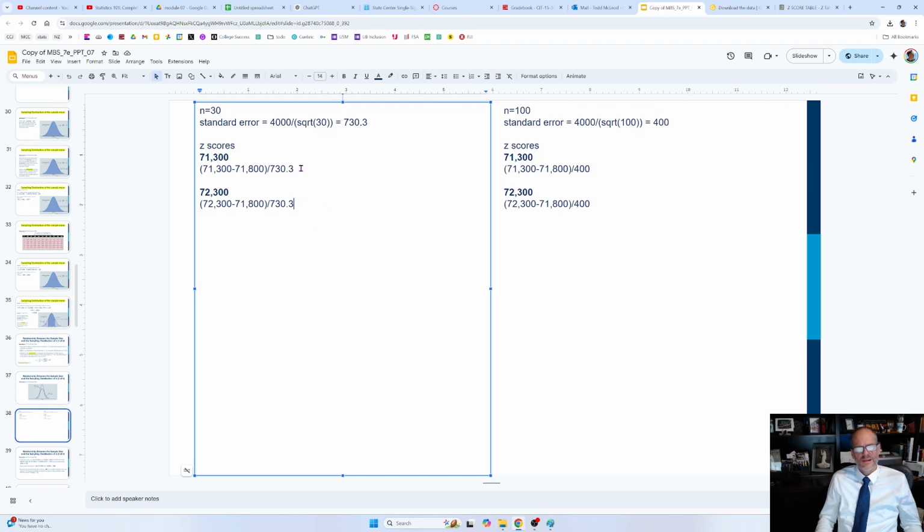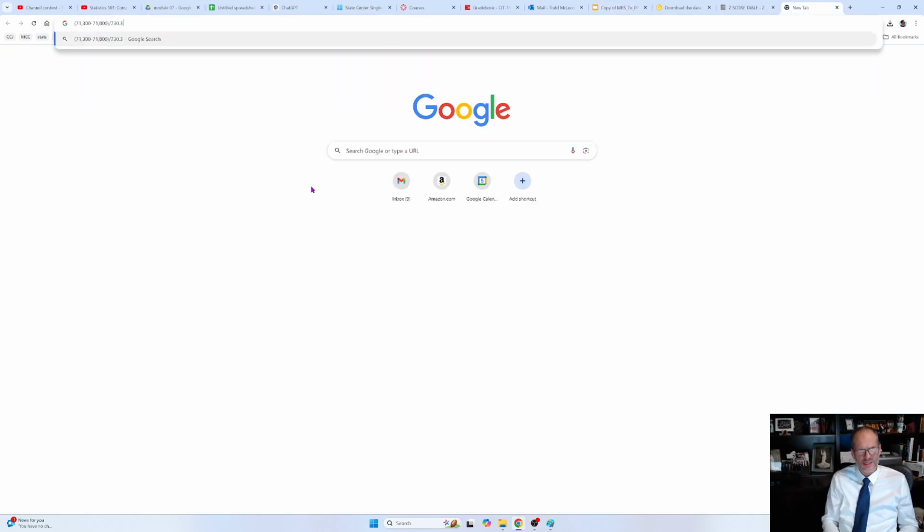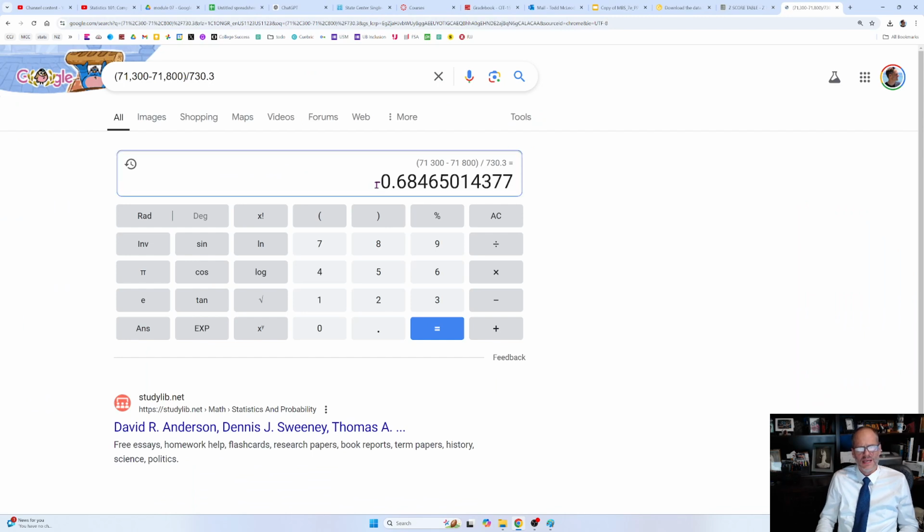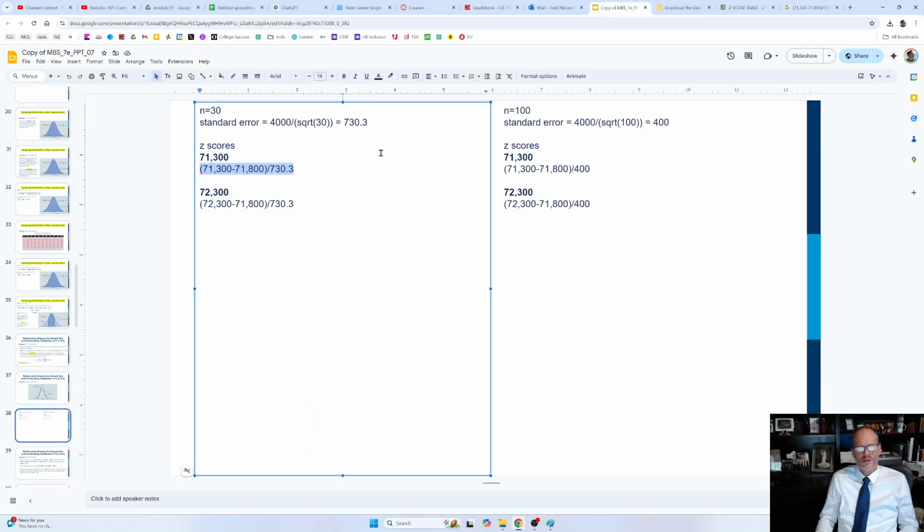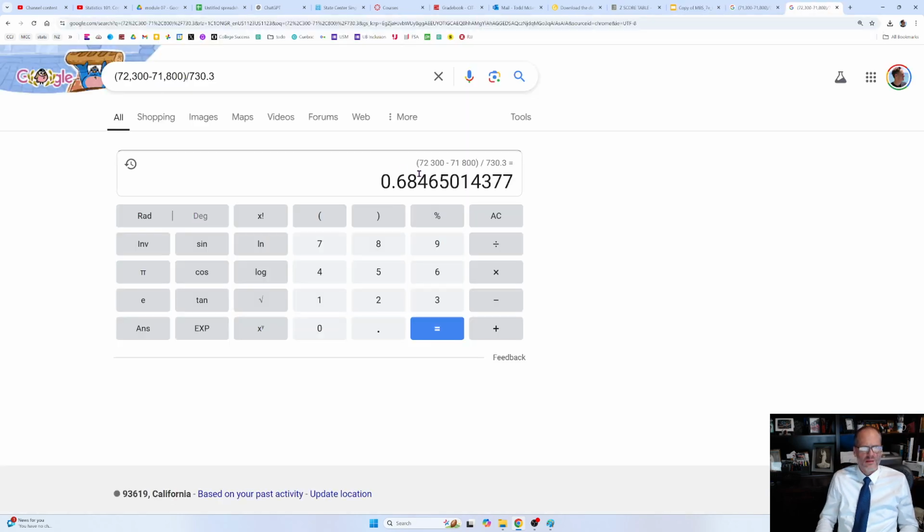When we do this formula here, I could just drop this into Google actually, and it'll calculate that for me. It's that amount. So I'm going to just copy this. I wish there was a little copy button there, but there's not. So I'm going to come over here and put that there. And that's a negative, right? Yep, negative. And then our z-score here is going to be the positive of that.